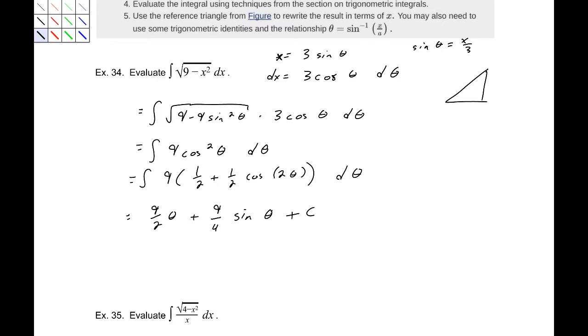That means our hypotenuse is 3, our opposite is x, which makes this side over here the square root of 9 minus x squared. Of course, theta, our angle, is there. Sine theta is opposite over hypotenuse, so sine is actually x over 3.